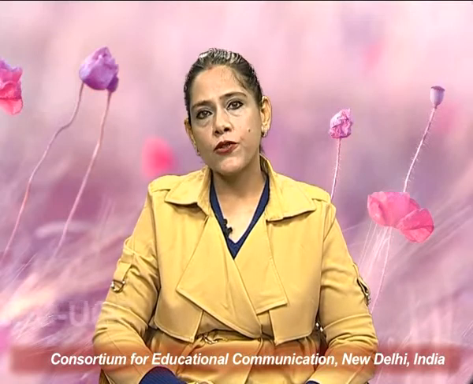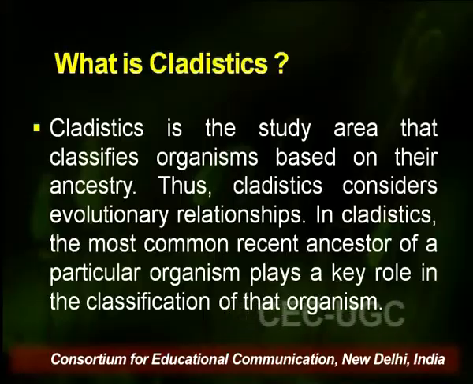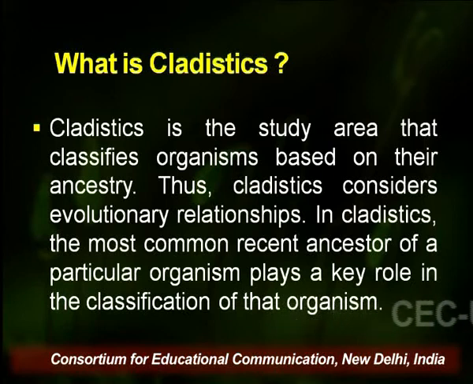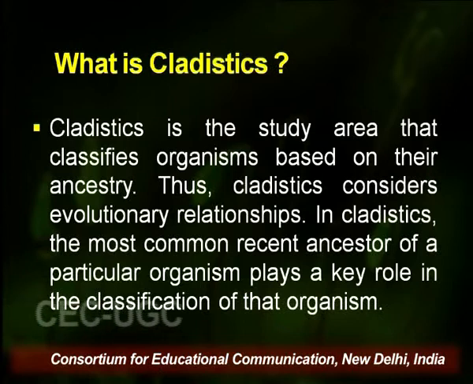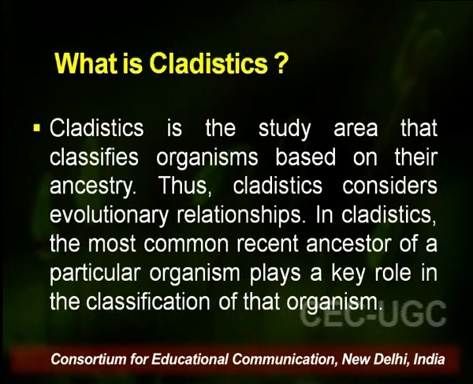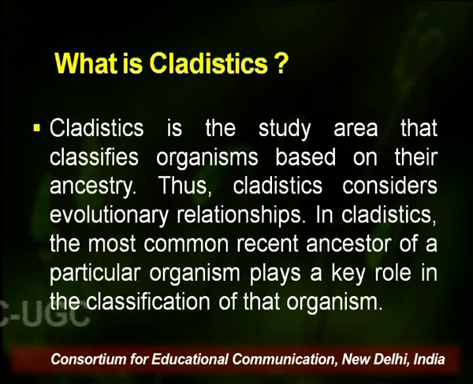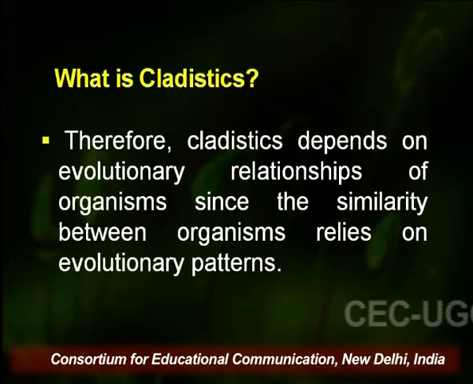Now moving on to cladistics. It is the study area that classifies organisms based on their ancestry. Thus, cladistics considers evolutionary relationships. In cladistics, the most recent common ancestor of a particular organism plays a key role in classification of that organism.